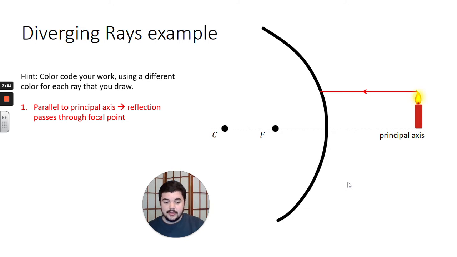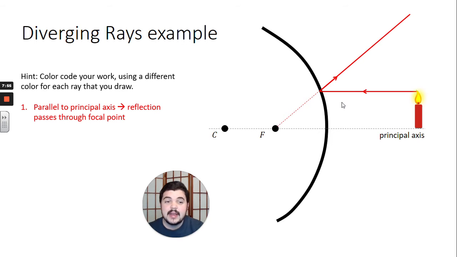And it's still going to bounce off through a point through the focal length. However, it's not going to pass through, it's going to reflect. And so I need you to use your imagination with me for a minute and imagine a line that starts at the focal point and extends out to the point where our principal ray hits the mirror. The reflection happens along that line.